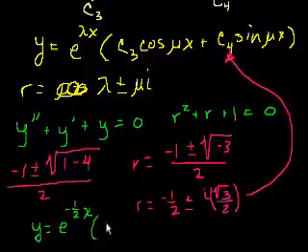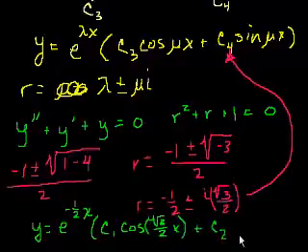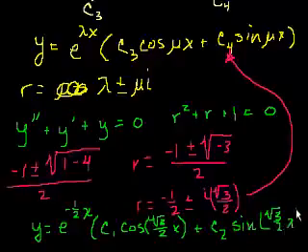Times some constant, I'll write c1 now, c1 times cosine of the imaginary part without the i, so cosine of square root of 3 over 2 x, plus c2 times sine of square root of 3 over 2 x.